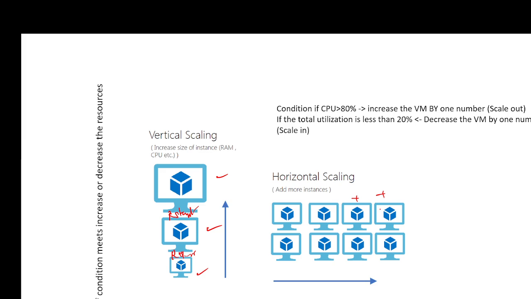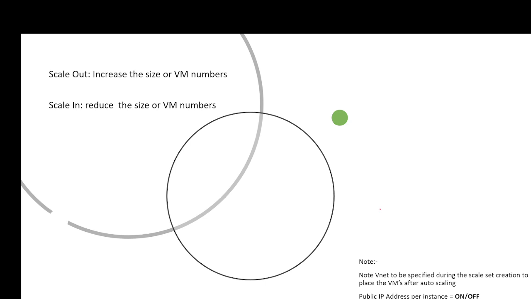Okay, and this is the representation. You can see vertical scaling means increase in the capacity. Horizontal scaling means adding additional VMs to balance the load. Scale out means increases the size or VM numbers. Scale in means reduces the size or VM numbers.